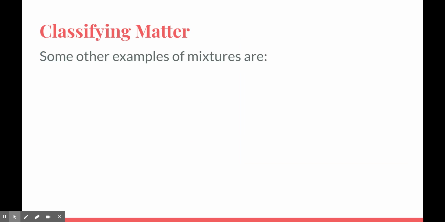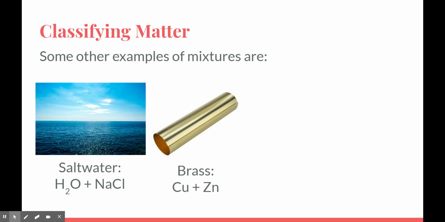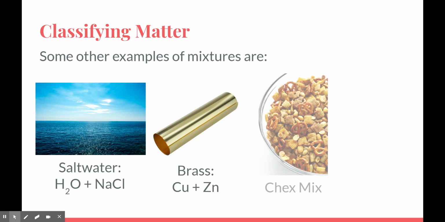Some real-life examples of mixtures are salt water. Salt water is water and salt mixed together. The water keeps its properties and the salt keeps its properties, and so it's a mixture. Brass, which is a metal alloy, is a mixture because it is made out of a combination of copper and zinc, two elements on the periodic table.